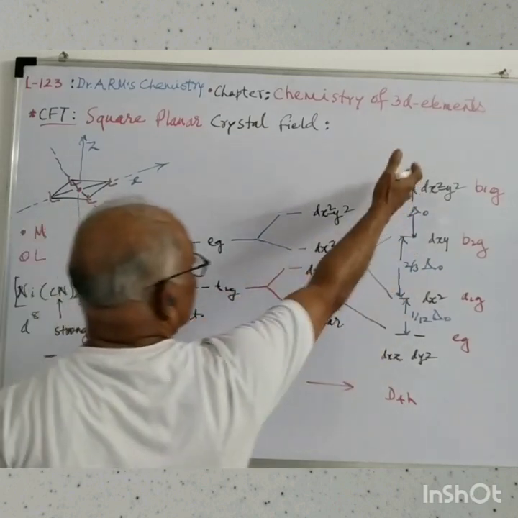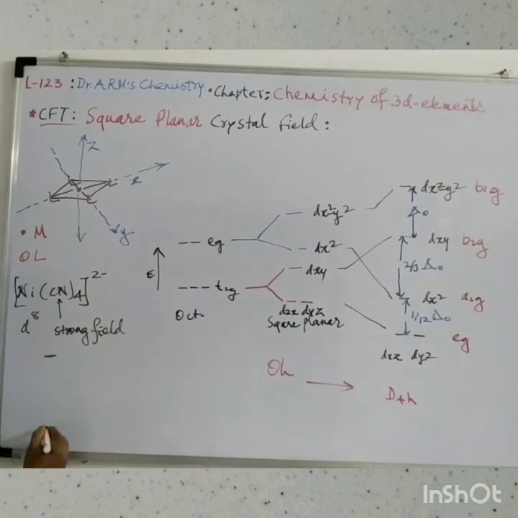First we have the low energy two orbitals dxz and dyz, then the dz2 orbital, then the dxy orbital, and then there is a large difference to dx2 minus y2.